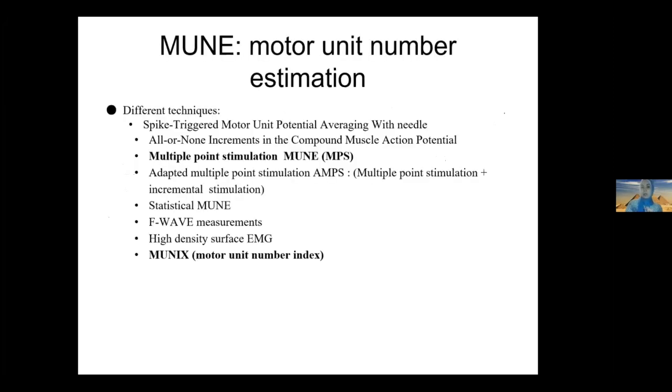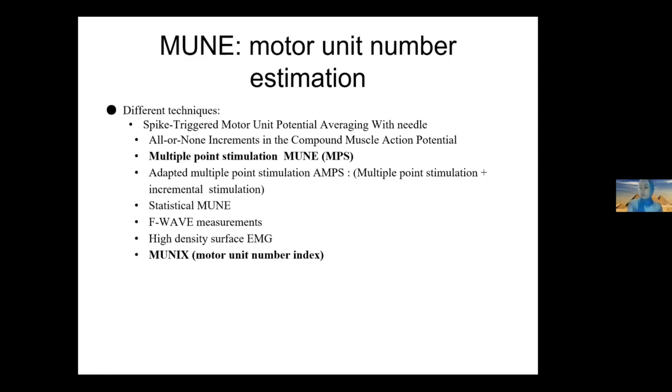Another thing is the motor unit estimation. Now, this is a little bit of a complicated technique. You usually must have the software to allow it. It is basically a technique which allows us to have, as its name implies, the estimation of the motor unit numbers in a muscle.